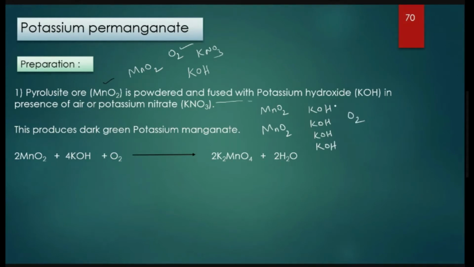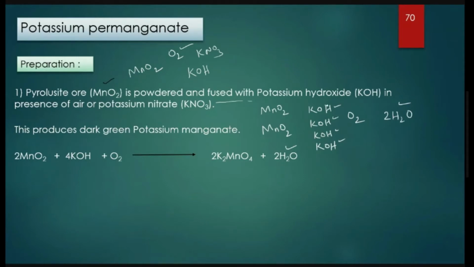How many hydrogen atoms are there? 1, 2, 3, and 4. So 4 hydrogen atoms are there, and they are going to take away 2 oxygen atoms, forming 2H2O.